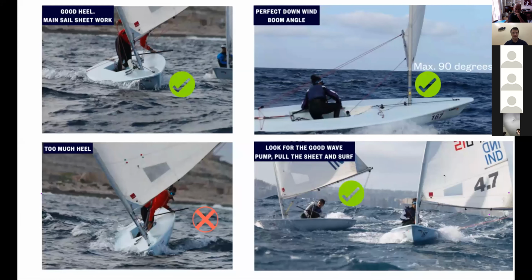Okay, thanks, Harshita. So we can now have a look at the Laser, a couple of positions. First, top left, that's a good heel. It's enough. You can see that the right hand is pulling the sheet. As we discussed, while switching, you're pulling the main sheet to flip the sail, and the heel should stop over there.